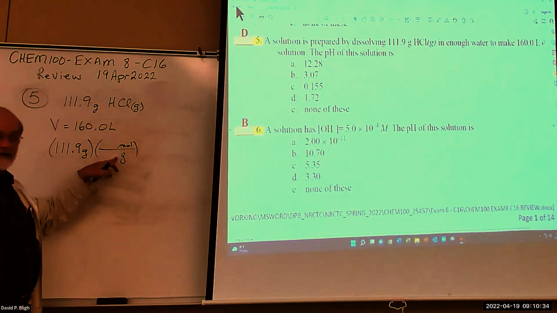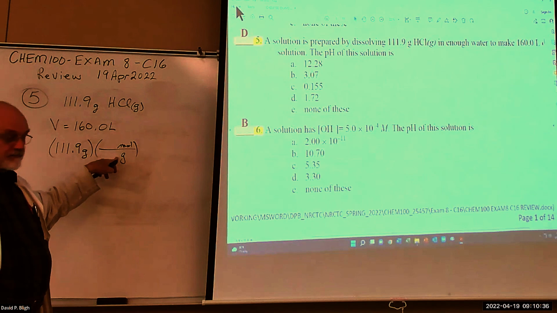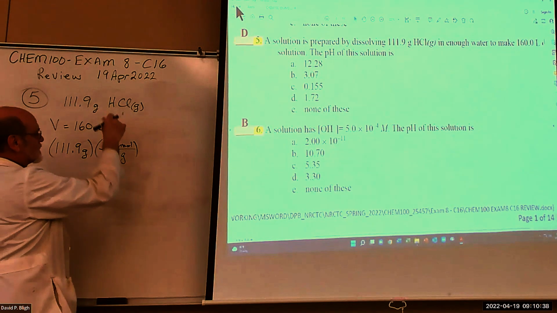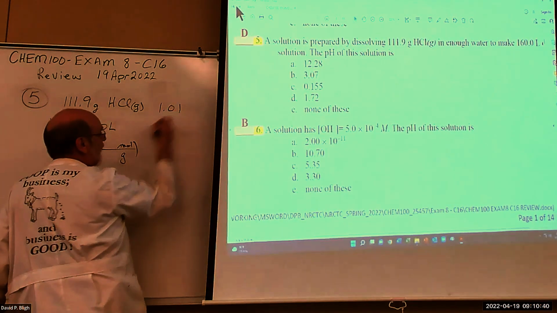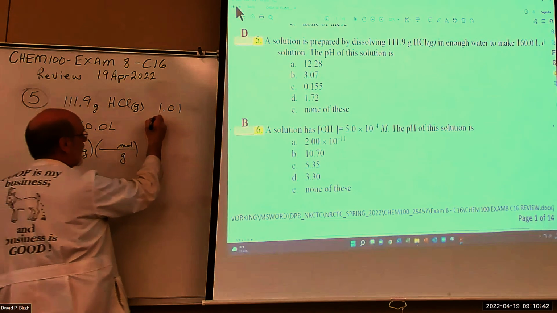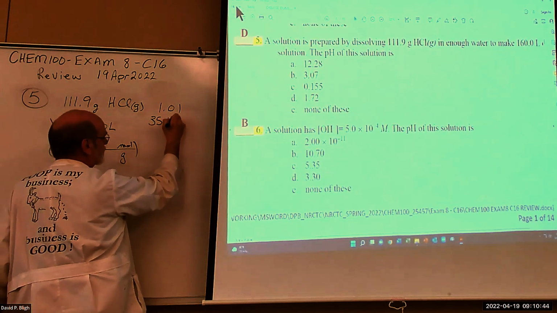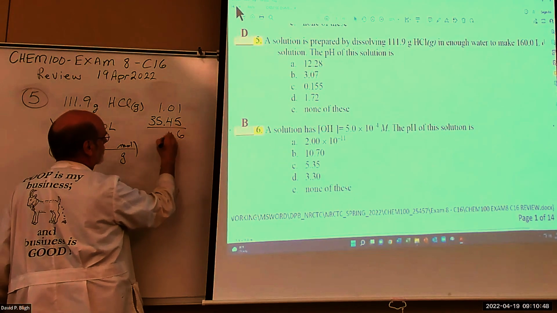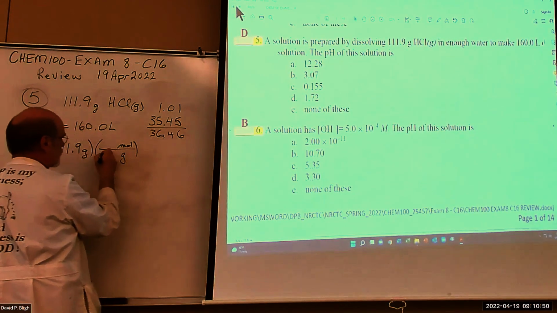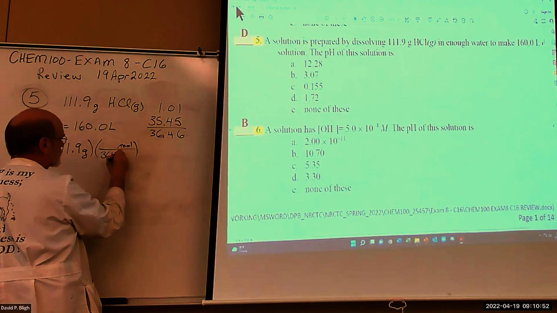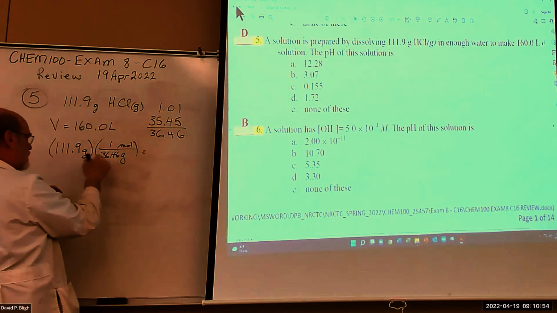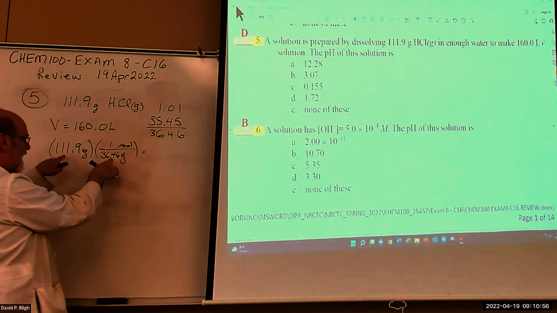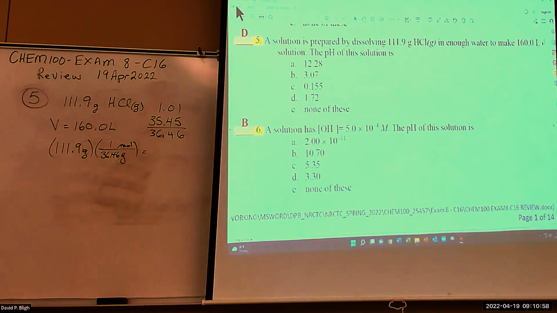So that means molar mass, correct? So what's the molar mass of HCl? Well, there's hydrogen, and look it up in your periodic table, there's chlorine. This is 36.46 there. So we divide this into that, and we find out the number of moles of hydrogen chloride.